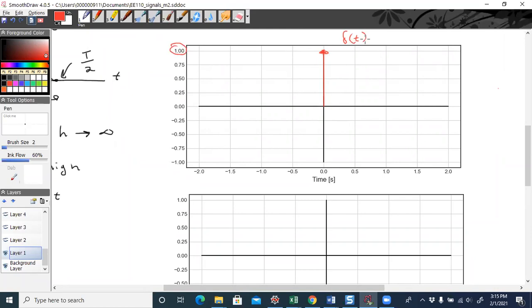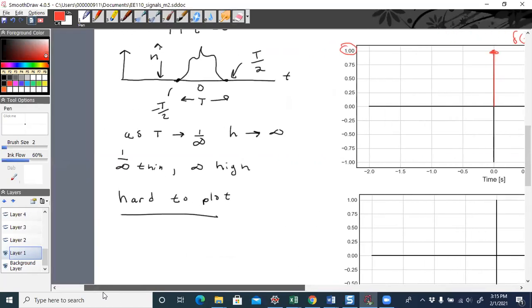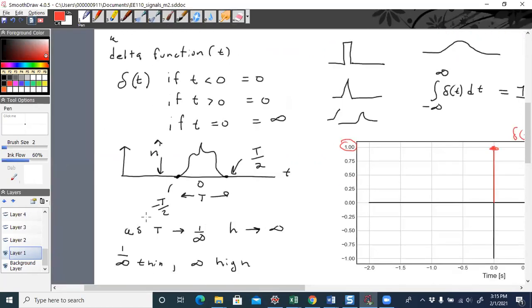Now, as we get into things, we can multiply these delta functions by something. But let's say I multiply this shape, but this has gone to infinity high and 1 over infinity thin. Well, what good does multiplying do it? Infinity is infinity, right?